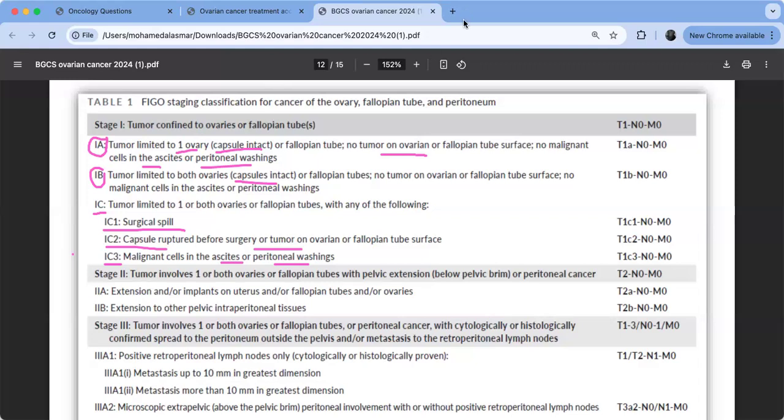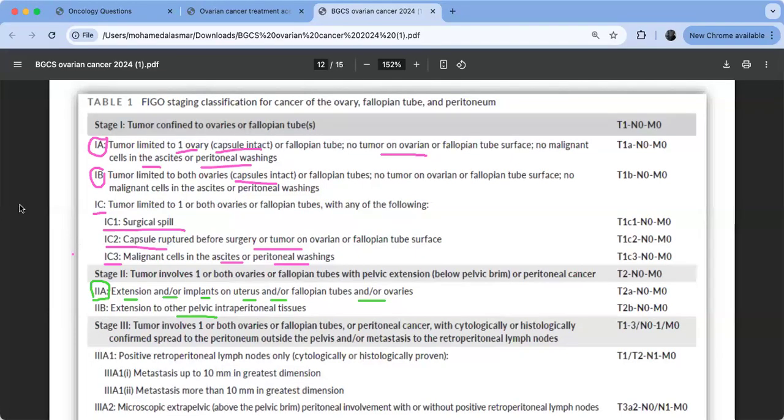So when he tells you in the exam, this is the recall exam in TUG, that the tumor had implant on the tubal surface, the fallopian tube surface, which stage is this? 2A: extension and or implant on uterus and or fallopian tubes and or ovaries. Extension to other pelvic intraperitoneal tissue is 2B.